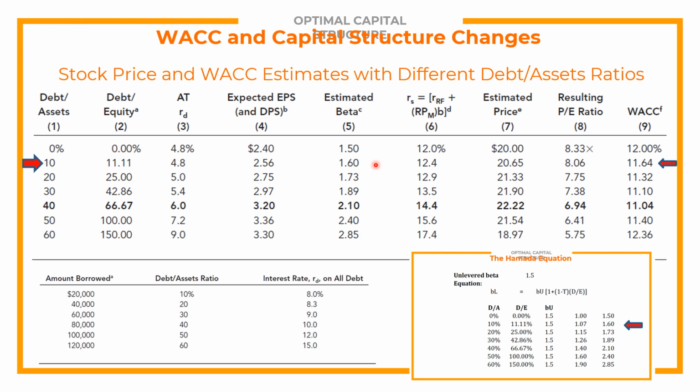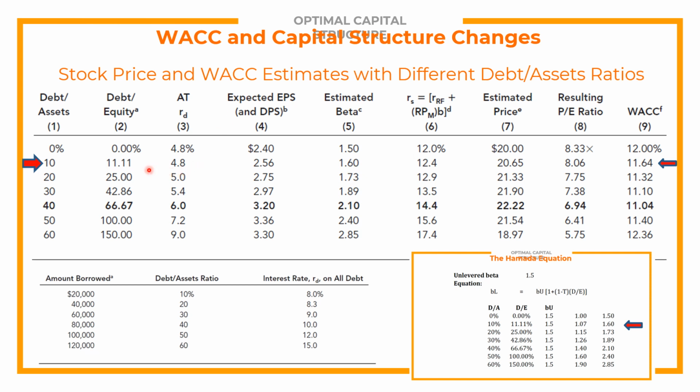So now we can compute our cost of equity first: 1.6 multiplied by the risk premium plus 6%. That gives us a 12.4% cost of equity.